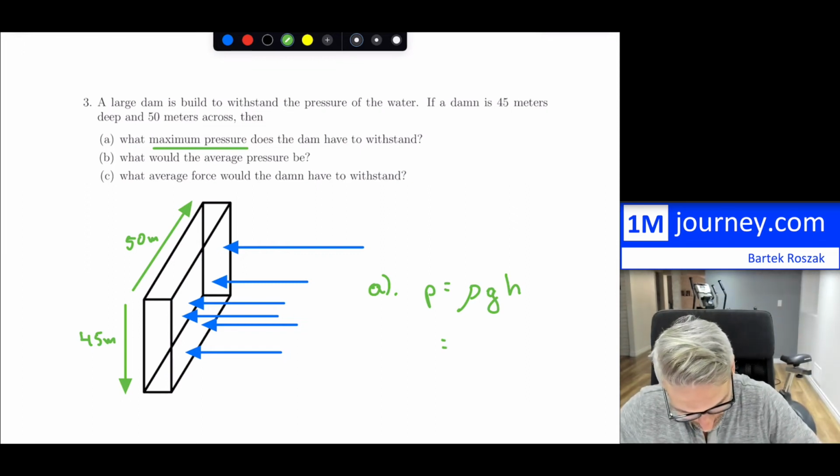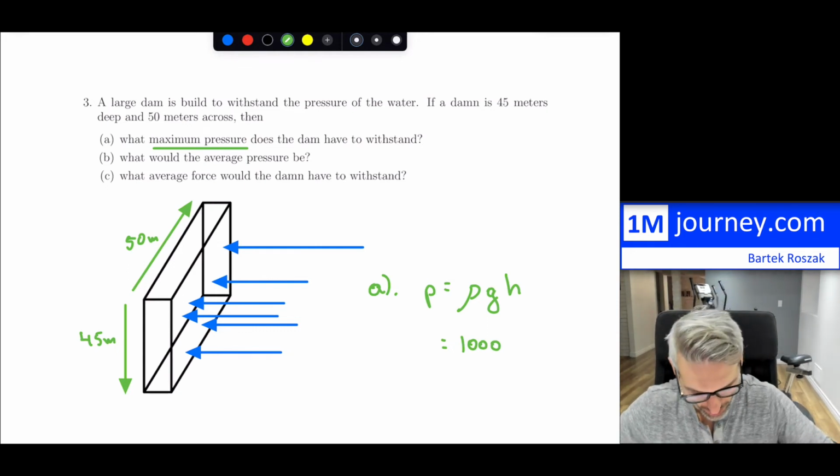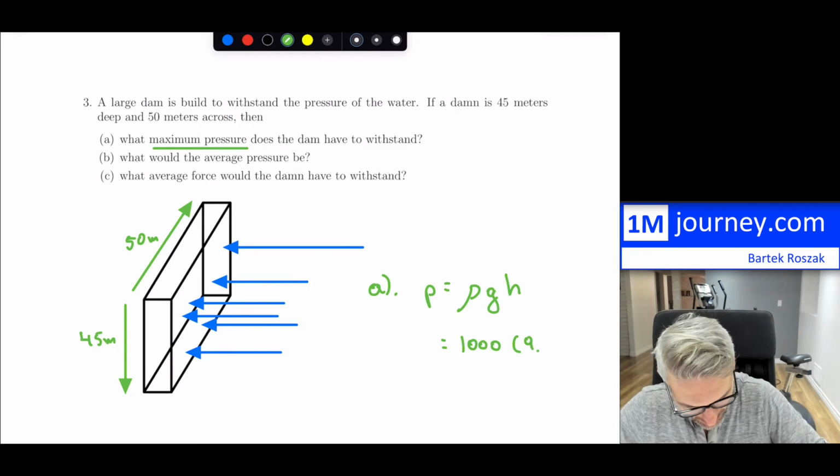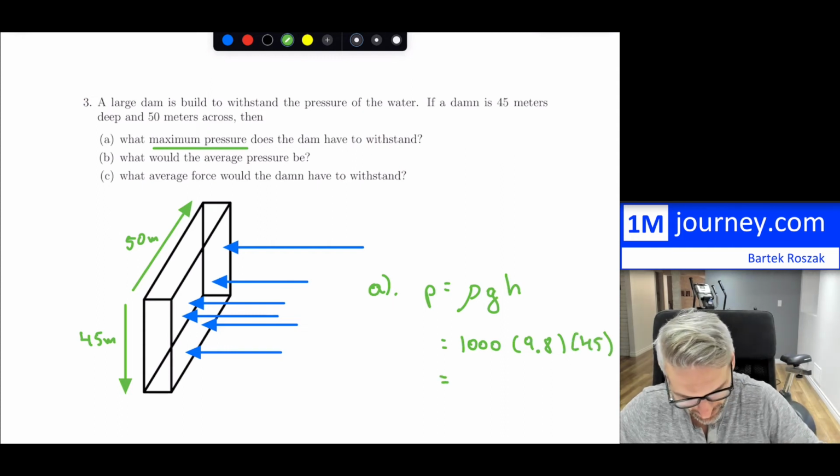Now for this, the density of water is 1,000 kilograms per meter cubed, something you should be aware of. The gravity you can assume is 9.8 or 9.81, whatever you might want to use. And the depth is 45.